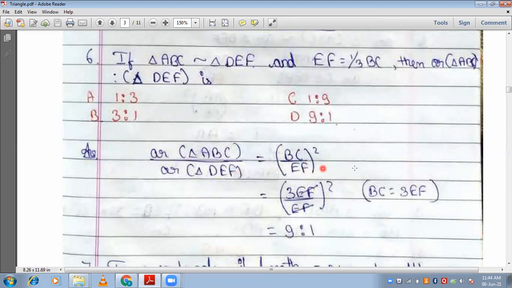Here EF is equal to 1 by 3 times BC. If you cross multiply, you get BC is equal to 3 times EF. Substitute here in place of BC: 3 times EF divided by EF. EF gets cancelled, which is equal to 3 square, means 9, is to 1 square, which is 1. So which option is right? Option D is correct.